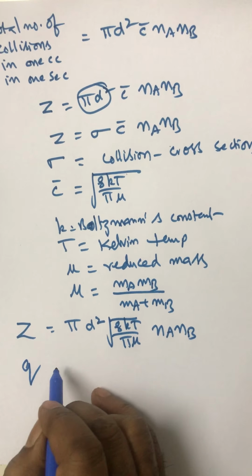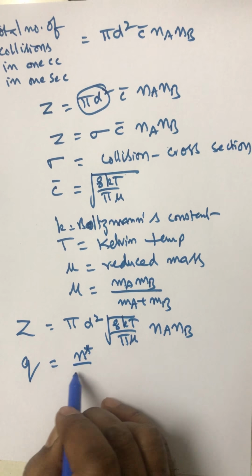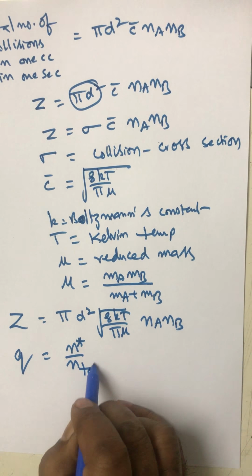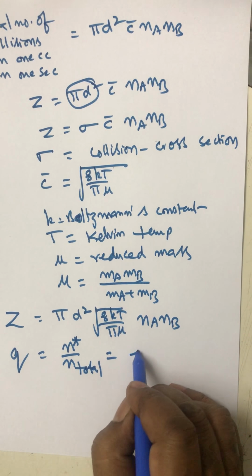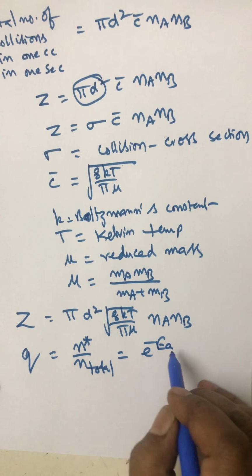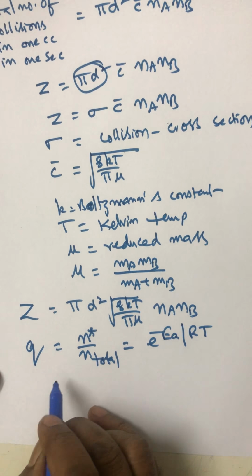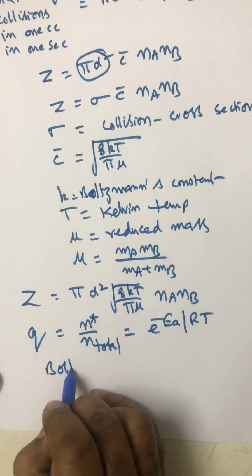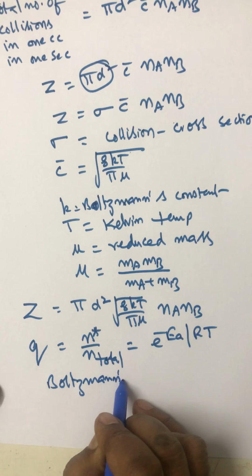Now Q is the fraction of molecules which are in activated state. This is the ratio of the molecules in activated state to the total number of molecules present in the system. This can be expressed as exponential of minus EA by RT. This is the Boltzmann's distribution.